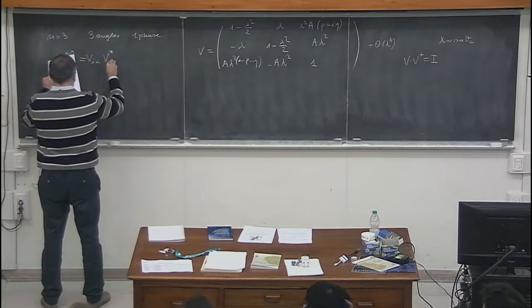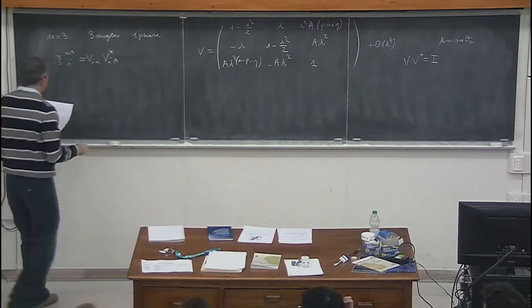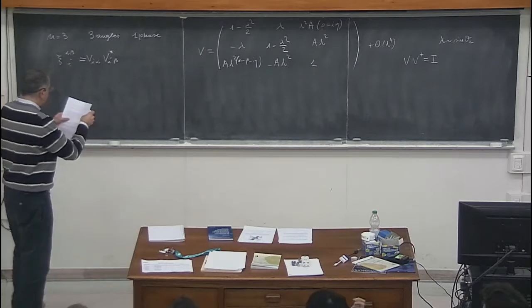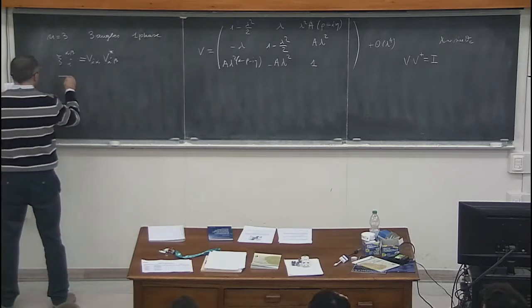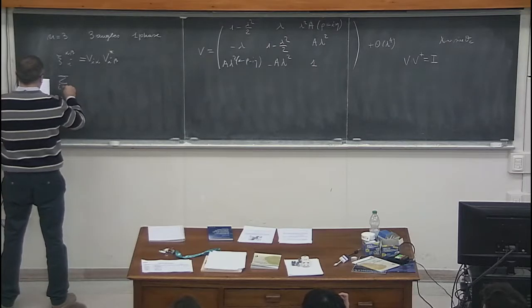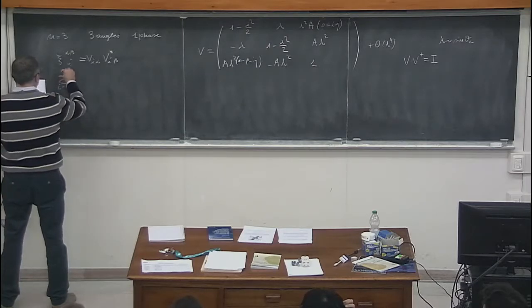And unitarity means that the sum over i from 1 to n of psi i alpha beta is delta alpha beta.